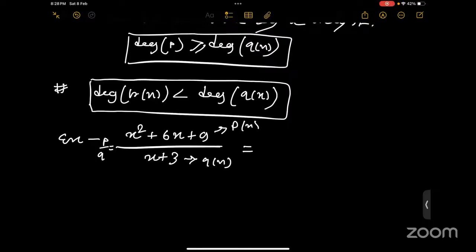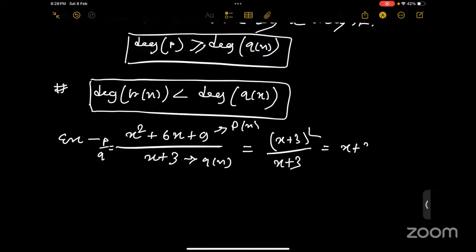Can we divide p by q? x plus 3. Yeah, correct. So this p(x) is nothing but x plus 3 whole square, right? And we have x plus 3 below. So we will get x plus 3.